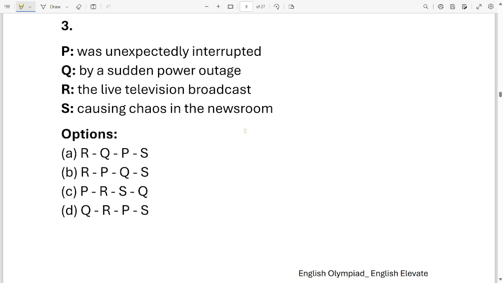Rearrange them in proper order. It is option B.